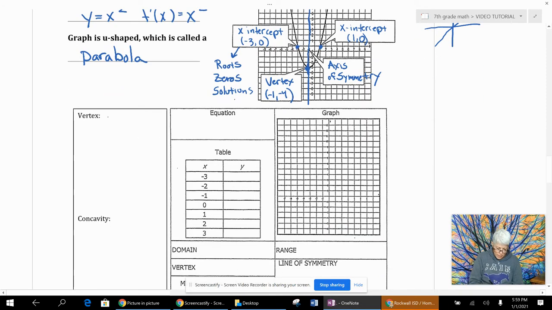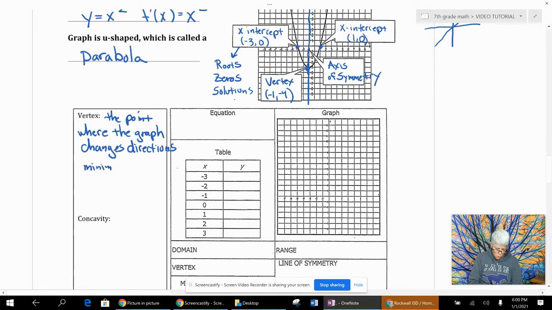Okay, so the vertex. Let's talk about it again. It's the point where the graph changes directions. Getting that? Feel free to pause this video at any time.